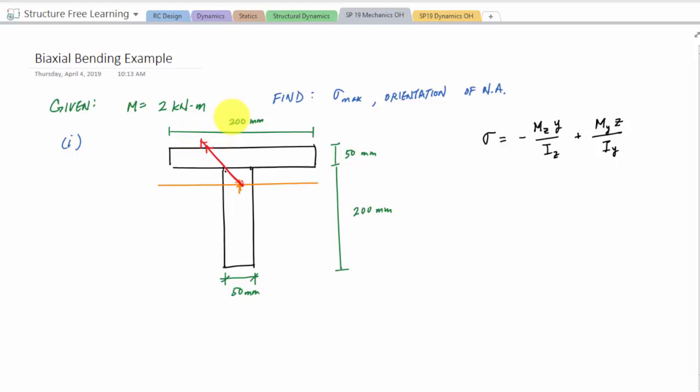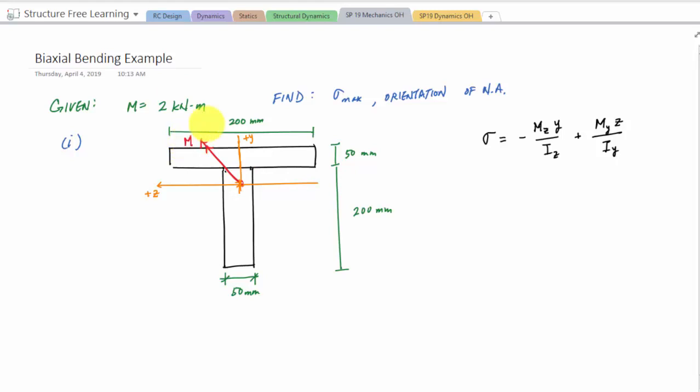I put my thumb in the double-headed arrow direction. This upward direction would represent plus y, and this direction would be plus z, and then coming out of the page would be the x-axis, and this is the moment that's being applied on the cross section.